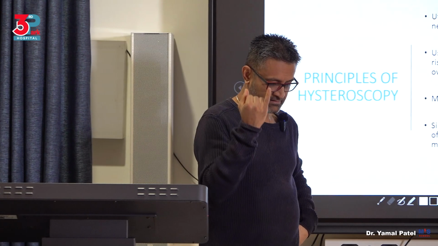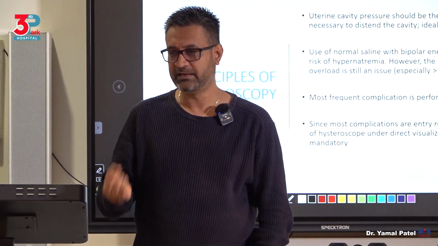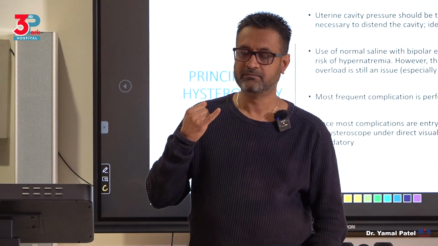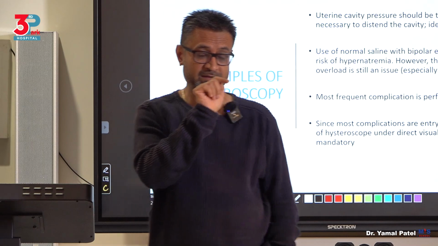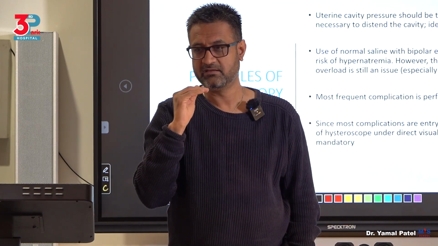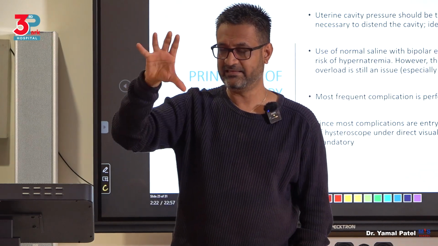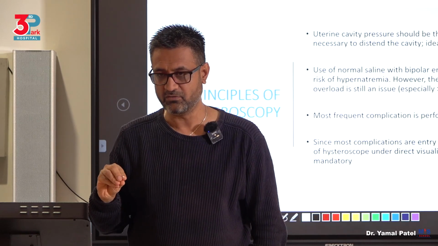The settings are, number one, the maximum preset intrauterine pressure. Okay, so it means you'll go and put the setting that I want my hysteroscopy fluid to distend this cavity to a maximum pressure of this much. You've understood?